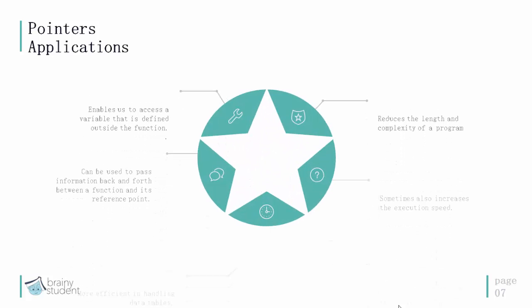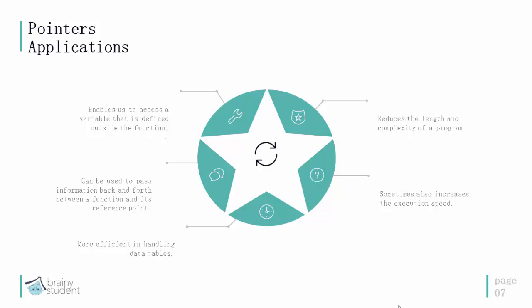They have a number of applications. The first application is that it enables us to access a variable that is defined outside a function. As I told you about local variables and global variables, a variable defined inside a function is a local variable, and the scope of that variable is inside that function only.